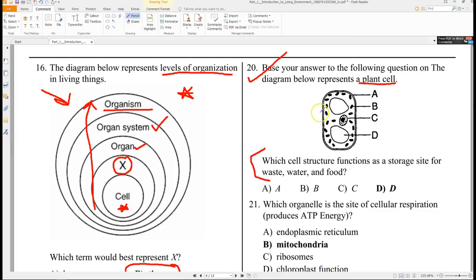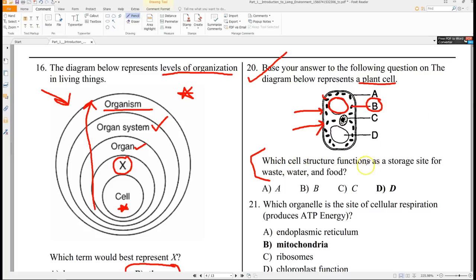You know it's a plant cell because it has two outer layers. See those two layers here? It has a large central vacuole. And it has what we call chloroplast, labeled B, which is where photosynthesis happens.